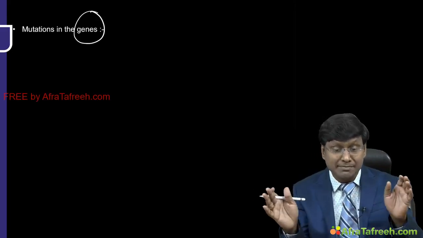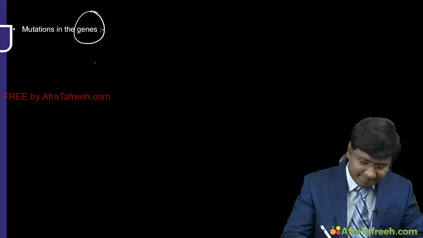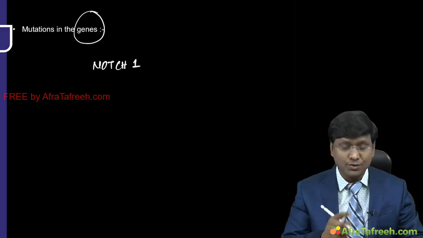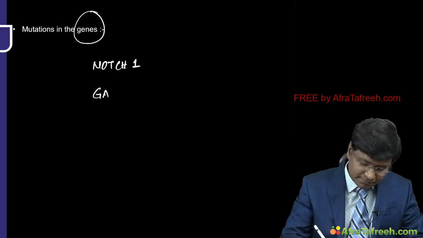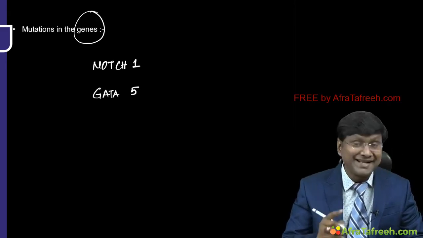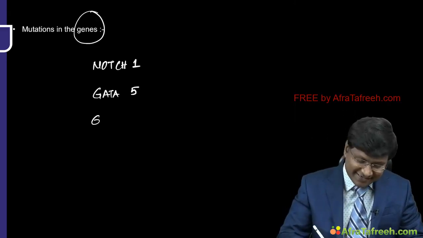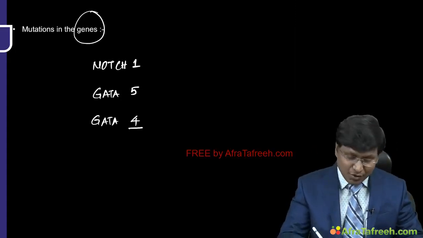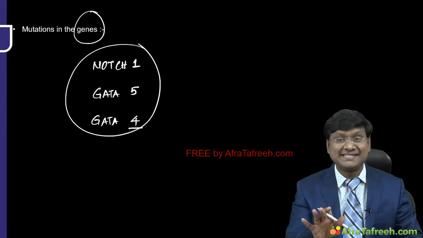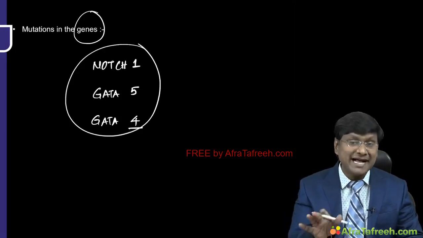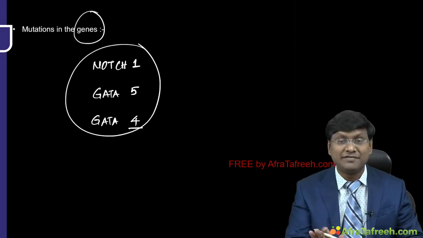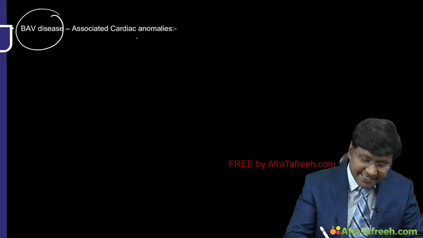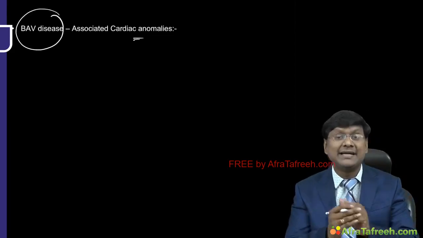So there are mutations in multiple genes, for example the Notch1 gene, GATA5, and GATA4. These are the three gene mutations which have been identified in the etiology of bicuspid aortic valve. And this bicuspid aortic valve is associated with other cardiac anomalies.